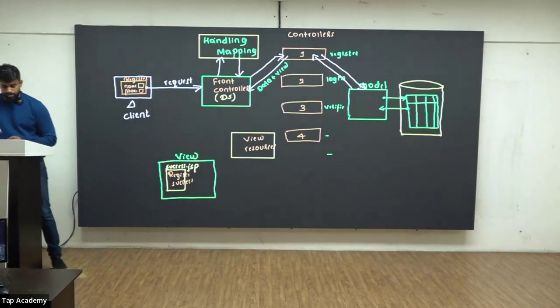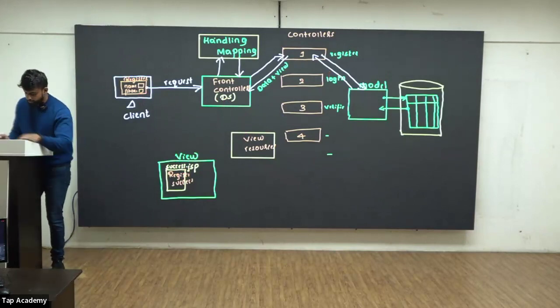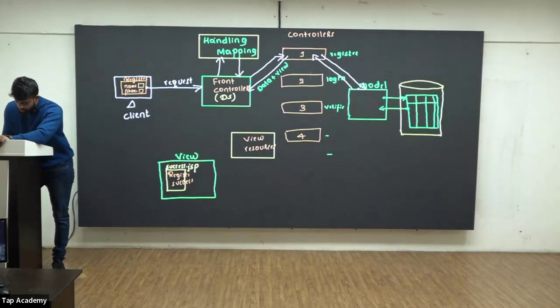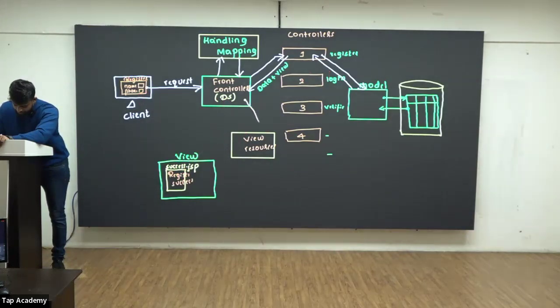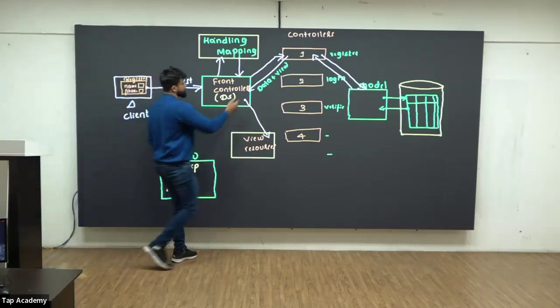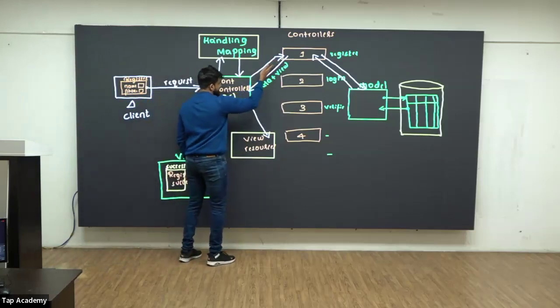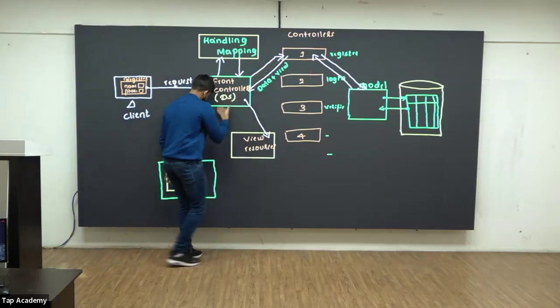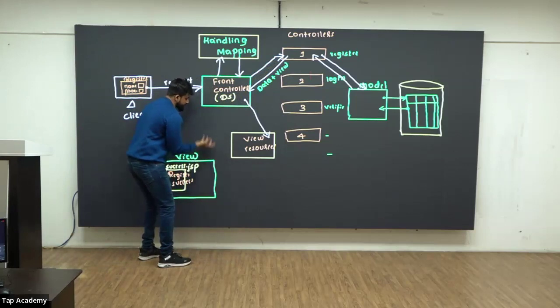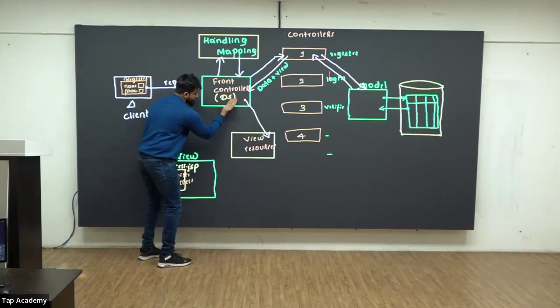Sensing this much? Very good. What happens is, the front controller at this point is getting the view part and is sending the information to the view resources, telling him: please tell me where that success.jsp is, because the controller is telling me that I have to display success.jsp, but I don't know where it is present. Please tell me.